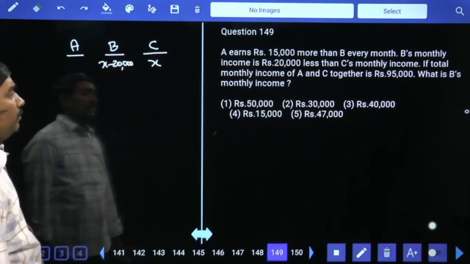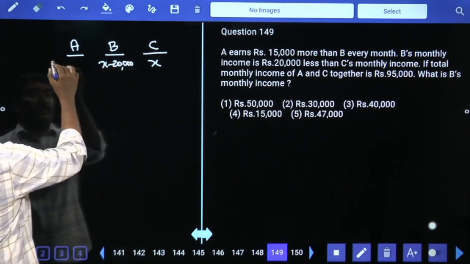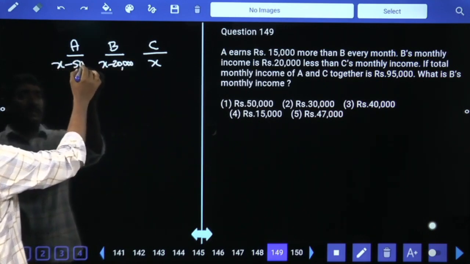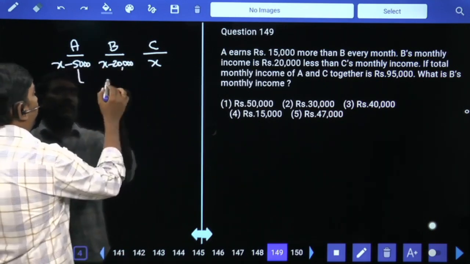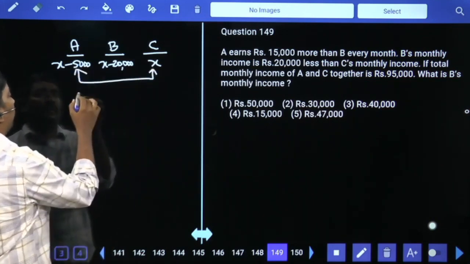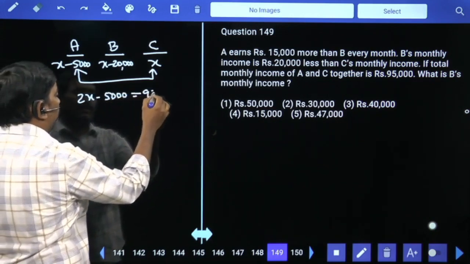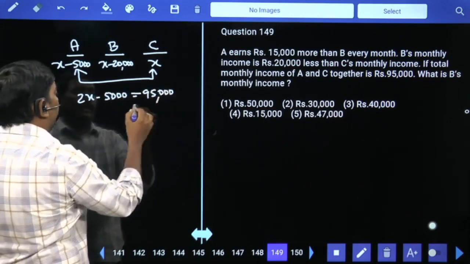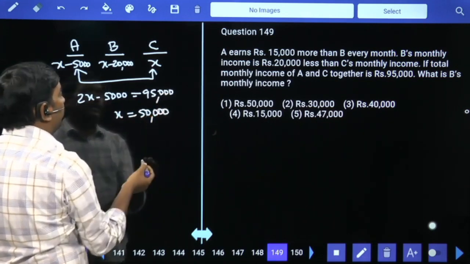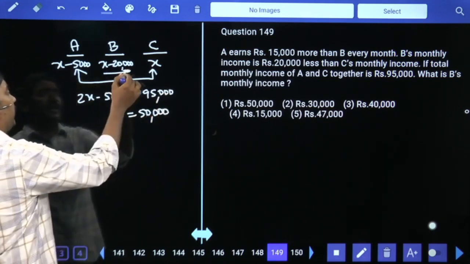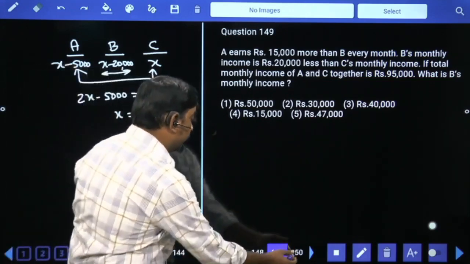A is 15,000 more than B, so X minus 20,000 plus 15,000 means X minus 5,000. Sum of A and C together is 95,000, so 2x minus 5,000 is equal to 95,000. 2x is 1 lakh, x is equal to 50,000. B's monthly income means x minus 20, 50 minus 20 means 30,000 is your answer.